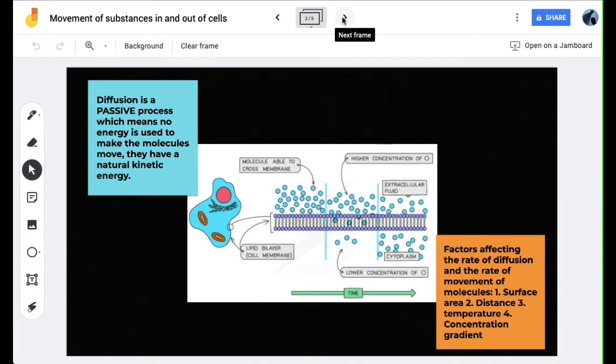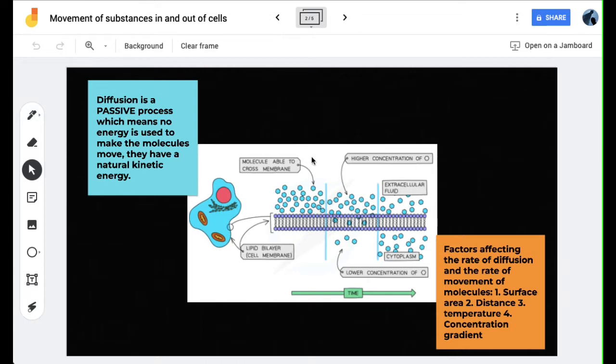Now, let us explore some of the importance of diffusion, or the concept that is aligned with diffusion. So diffusion is a passive process. When we say passive process, it means that there's no energy required, so the particles or the molecules will move. They will only use their natural kinetic energy.